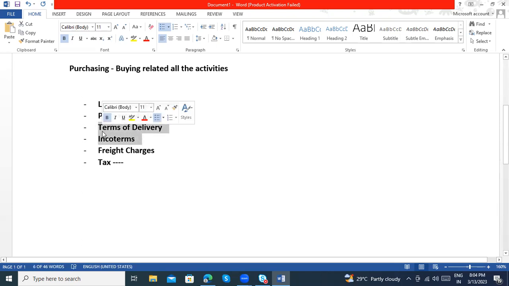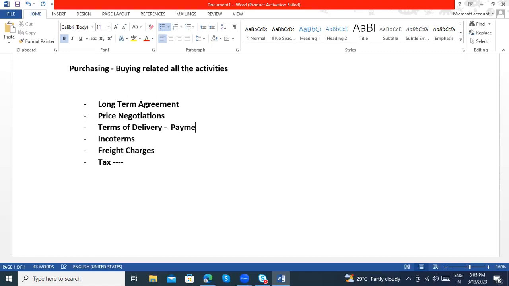What do you mean by Incoterms? Delivery terms, I think you already know, terms of delivery, right? So what do you mean by terms of delivery? Payment terms, or maybe terms of delivery. Yes sir. If suppose payment terms are there, say I got the stock, and if I pay within 10 days, the vendor provides me a 10% discount.